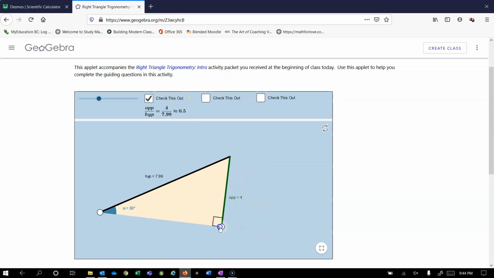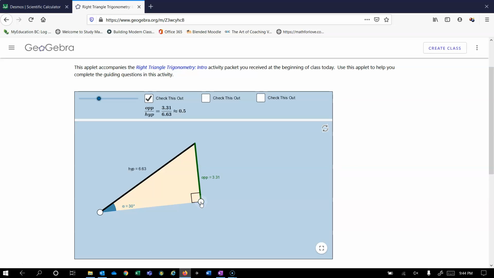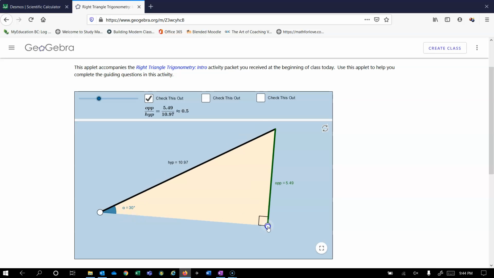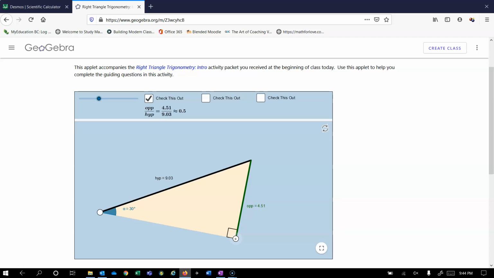And that's the same thing we calculated in class. So when I'm changing this triangle, I'm changing the size of it, and I'm changing the side length of the opposite side and the hypotenuse side, but I'm not changing the angle. And that means that all of these different triangles are what's called similar triangles. Because they're similar, we end up with the same ratio.